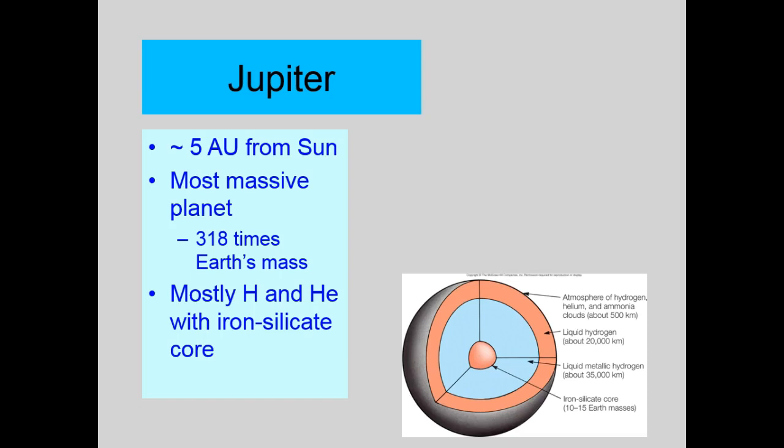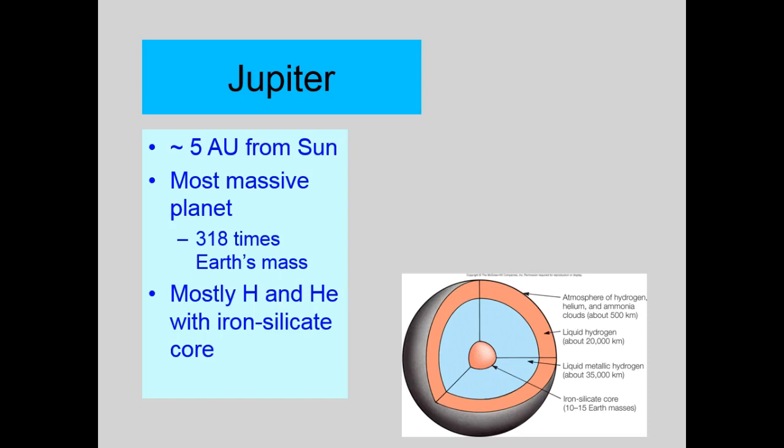Okay. Now, the odds are I think this has to be solid. I mean, but it could be molten. We just don't know. Now, the interesting thing is the next layer here is called, I guess you would say, liquid metallic hydrogen. What? Okay, and that's 35,000 kilometers of liquid metallic hydrogen. Now, hydrogen to be a liquid has to be awfully, awfully cold.